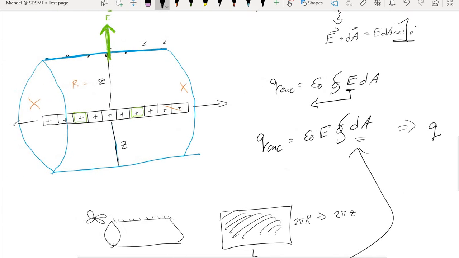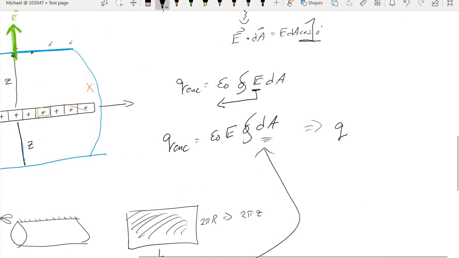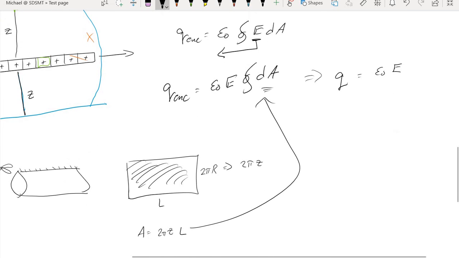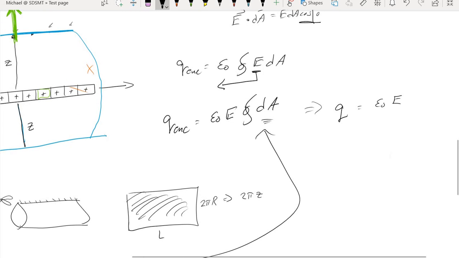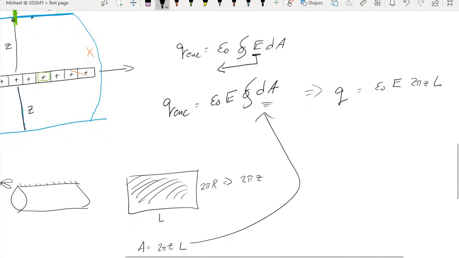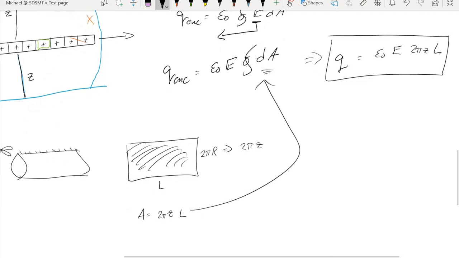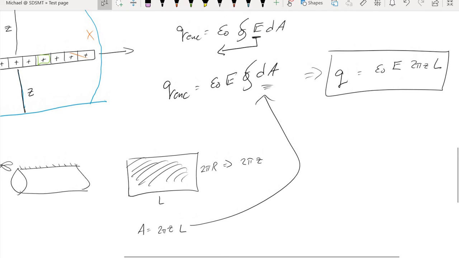So we'll again use generic Q. We need to import the area, 2 pi ZL, and we're done. We have our calculus completed. We can now rearrange to solve for the electric field, and we have Q over 2 pi epsilon ZL.